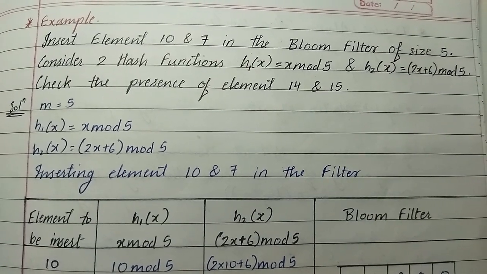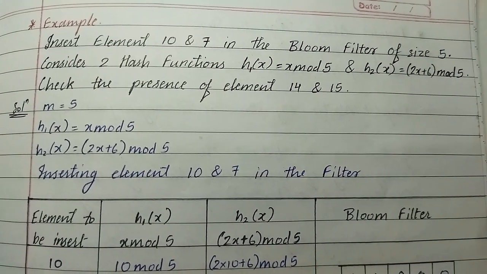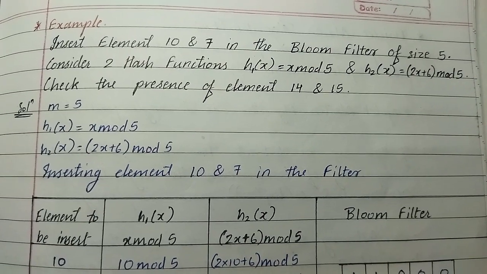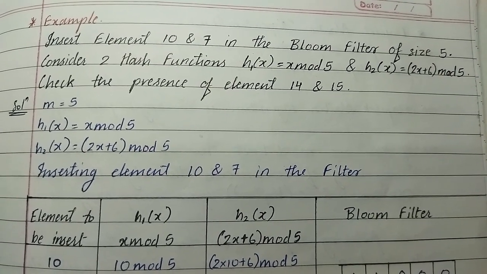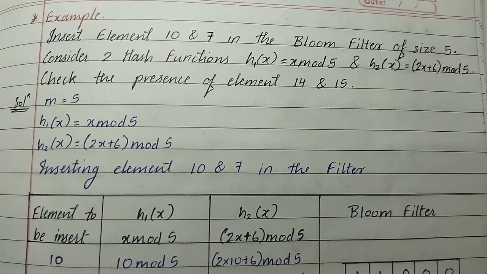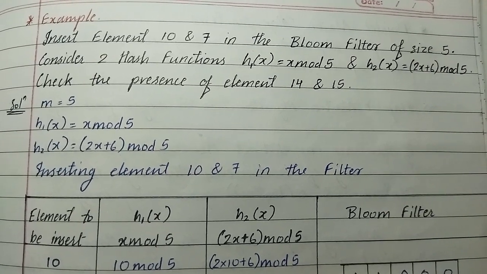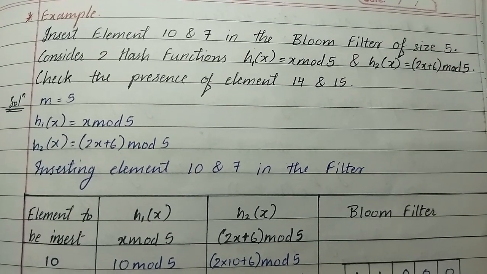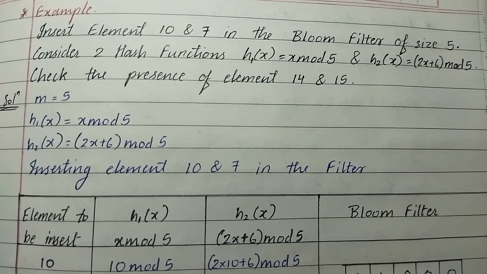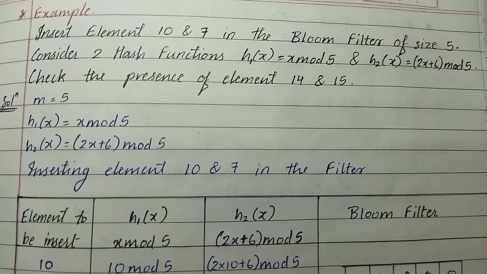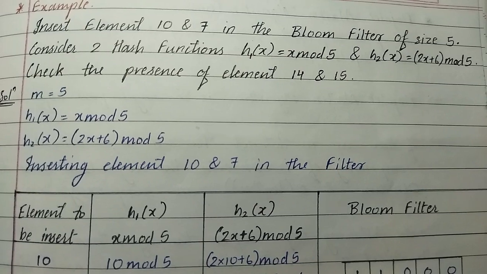So in this example we have to insert elements 10 and 7 in the Bloom filter, and the size of the Bloom filter given is 5, and also there are two hash functions provided, and we need to check whether the elements 14 and 15 are present in the Bloom filter or not.